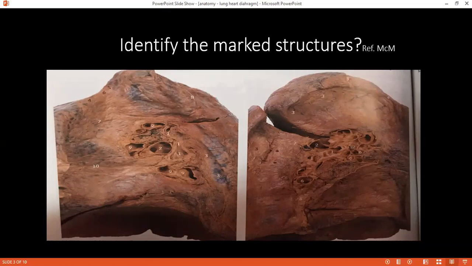The apex of the lung we can mark by the curved line joining the sternoclavicular joint and a point 3 centimeters above the midpoint of the medial 1/3 of clavicle.